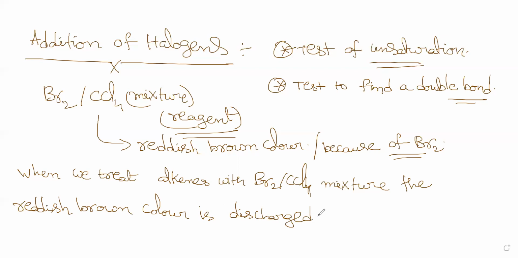What does discharged mean? It becomes colorless. The solution becomes colorless. So that is a visible test of unsaturation. What compounds do we get from this? We get dibromides.